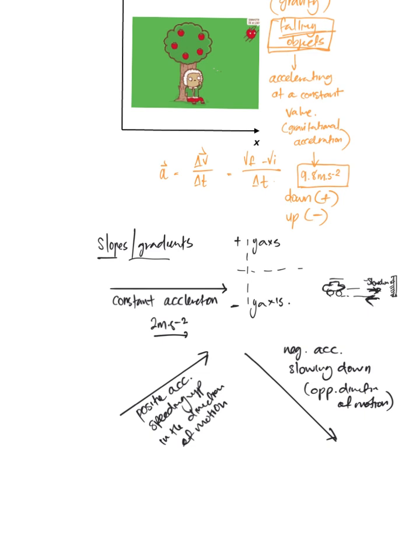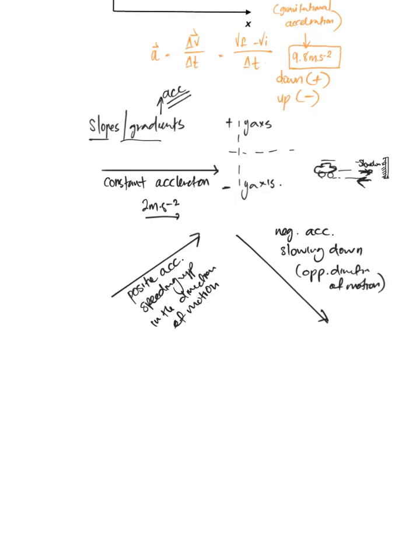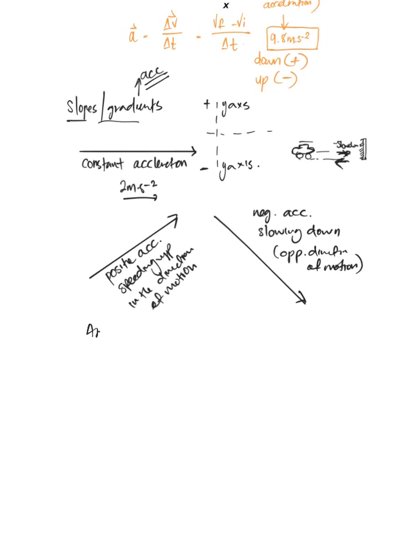So when we look at these kinds of graphs, your gradient looks at acceleration. What we actually need to be focused on is the area under the graph. All right. Let's have a look at how that's going to go.